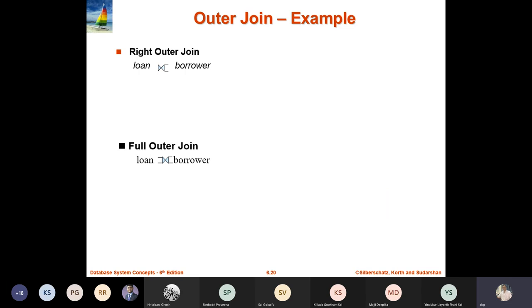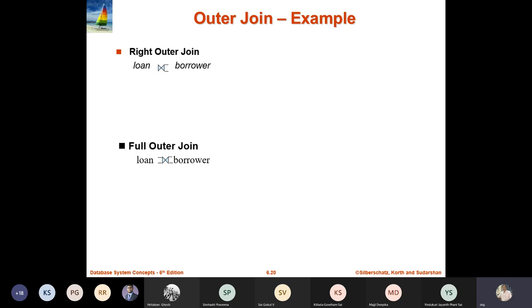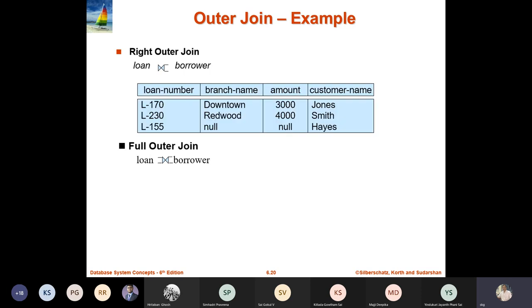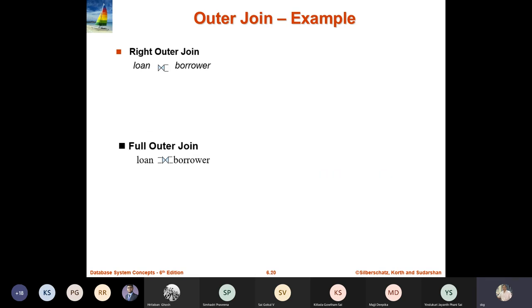Just as there is a left outer join, there is a right outer join, where the customer names are there. That means for the borrower, the full set is there. That's why we get L170, L230 and L155, but not L260 as we saw in the left outer join.